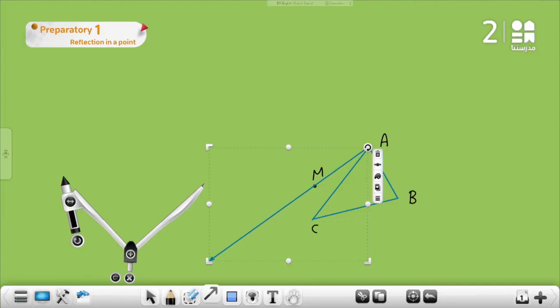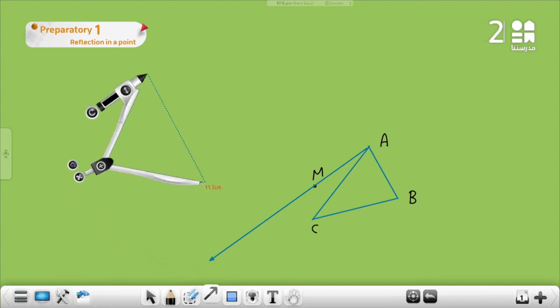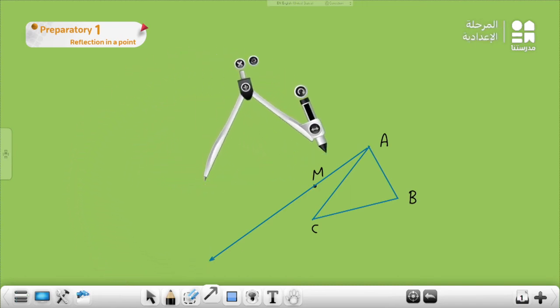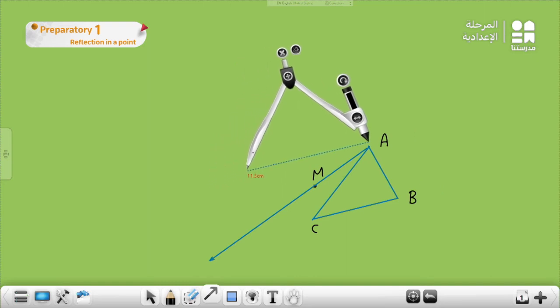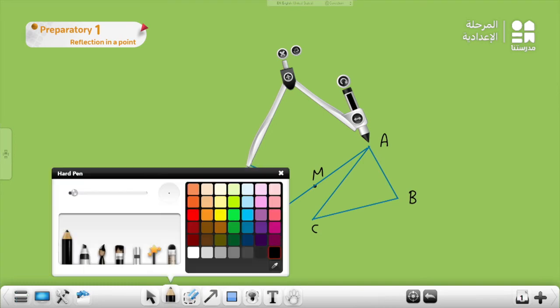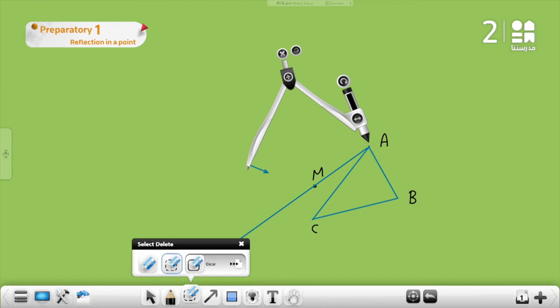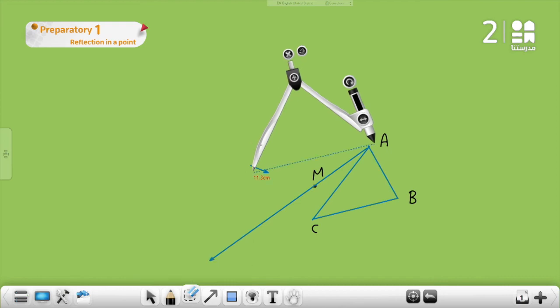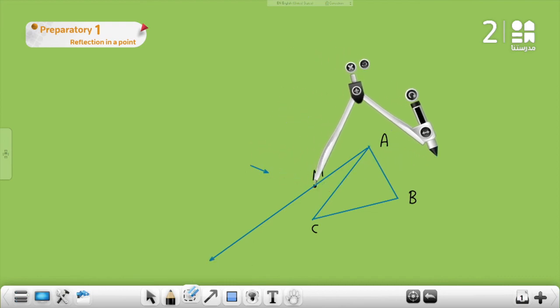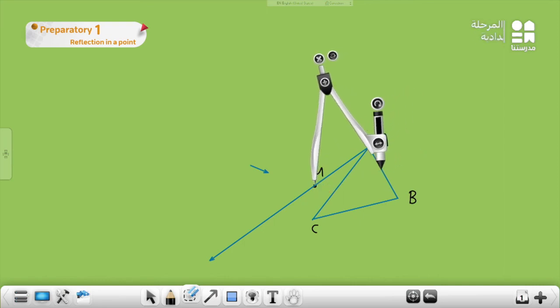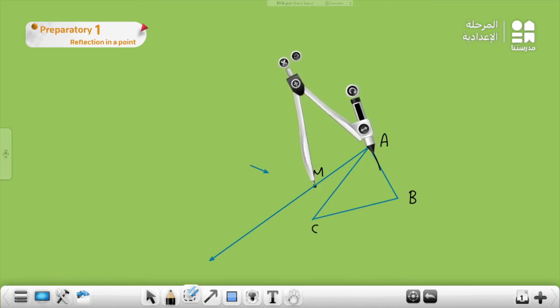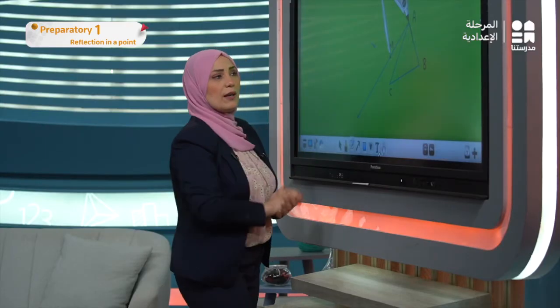Then bring the compass and open it with the same radius for the distance between M and A. So here we have the same radius.